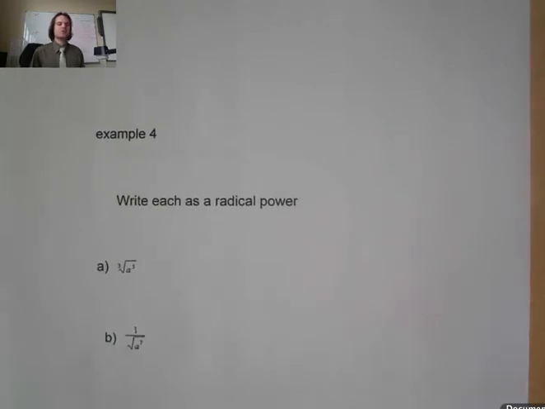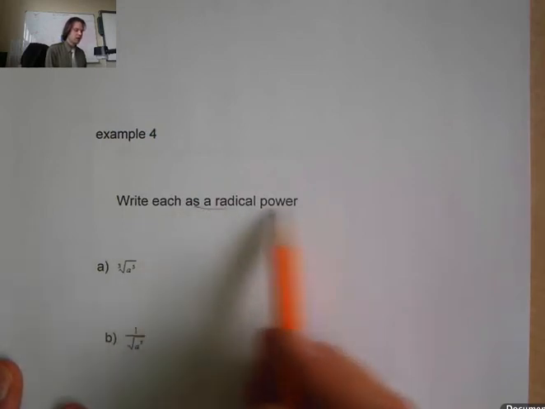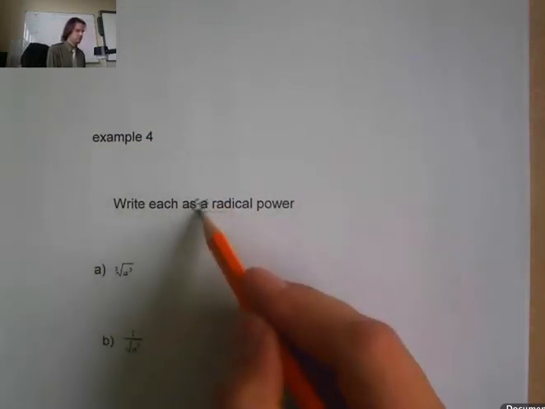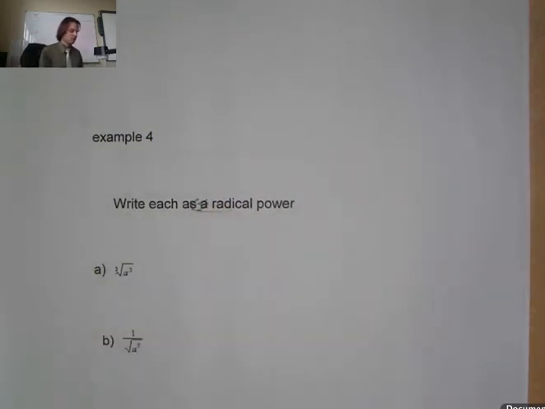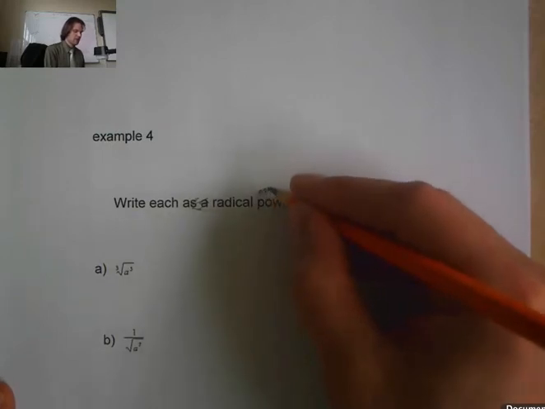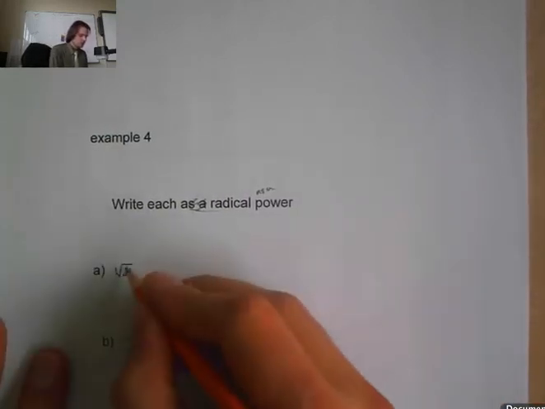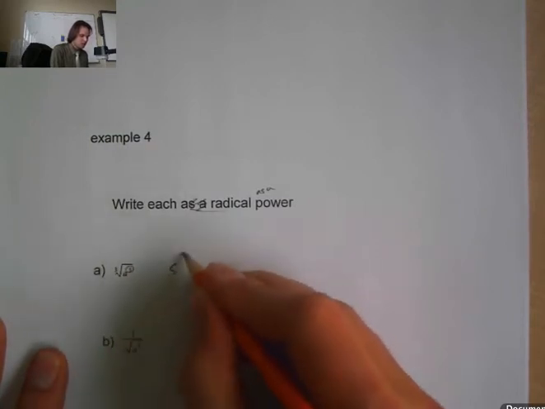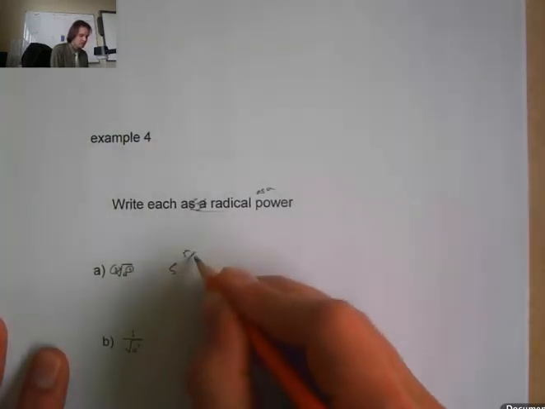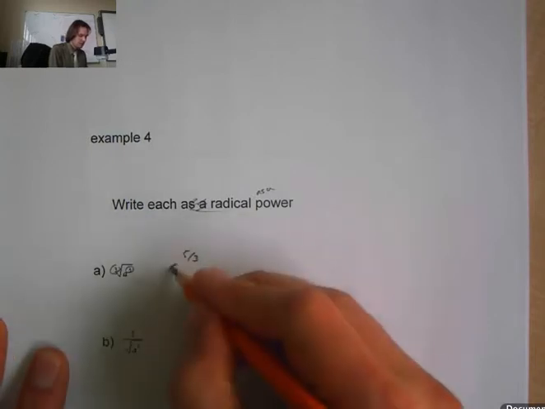Write each as a radical power. Okay? So write each radical as a power. So we have a to the, well, this is the power, a to the 5, and then we divide it by 3. Okay? That's an a.